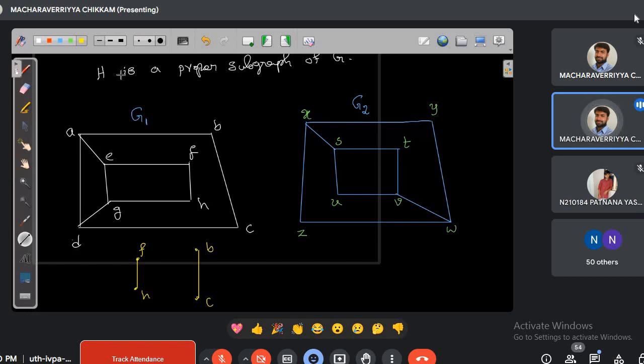Okay, whereas let me take the subgraph of this graph, which is created by vertices of degree 2. Okay, what are the vertices of degree 2? I hope you can see it here. This Y is of degree 2.